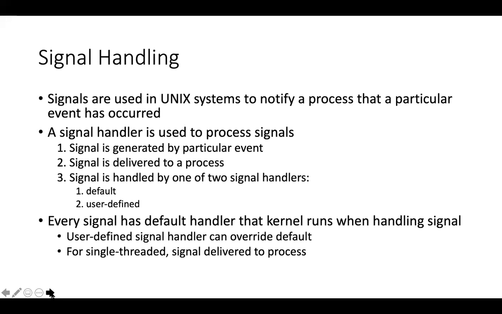A signal is generated by a particular event, then delivered to a process, and then handled by one of two signal handlers. Normally those signal handlers are either the default or user defined. Every signal has a default handler that the kernel runs when handling a signal. The user-defined signal handler can override the default, okay?